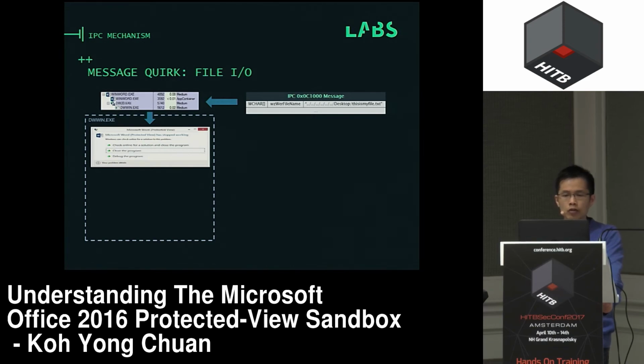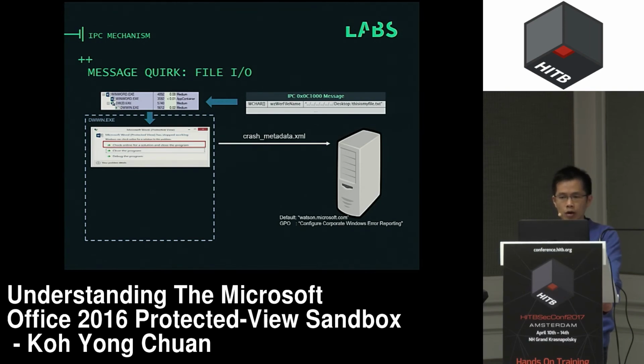If the check online for a solution option is chosen, then Dr. Watson sends an XML file containing crash information like the OS and application versions, exception information, and other related files to this server. By default, this server points to watson.microsoft.com, but in an enterprise setting, it is possible to change this server with the configure corporate Windows error reporting GPO.